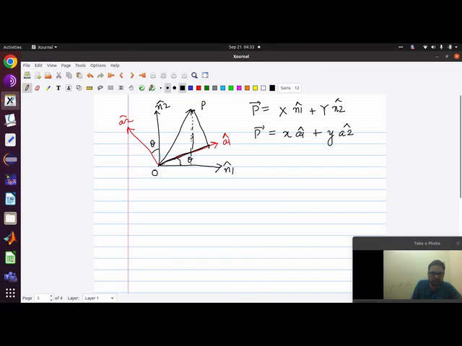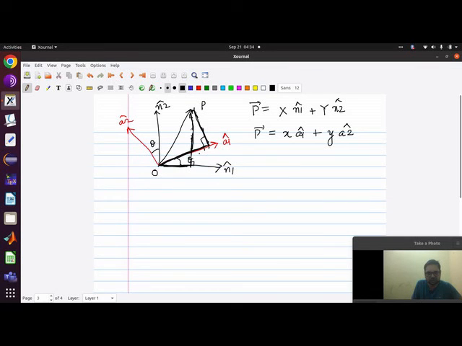This will be the small x, this will be the small y, this will be the capital Y, this will be the capital X. Okay, and these are all straight lines supposed to be.